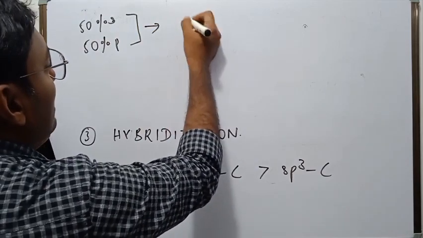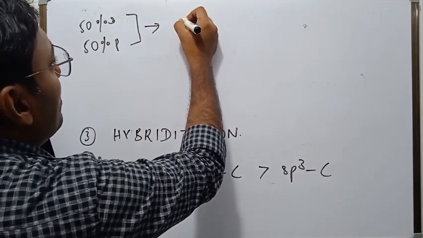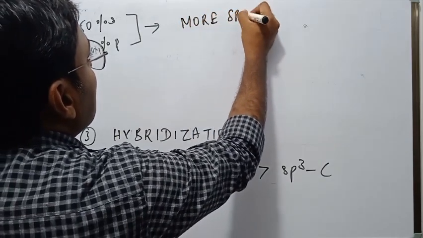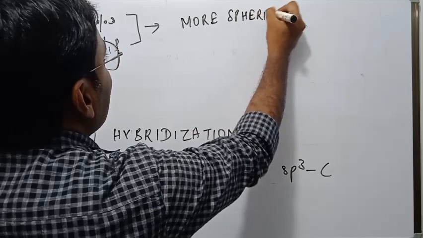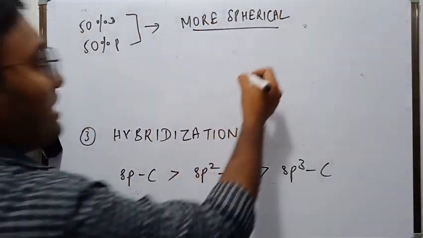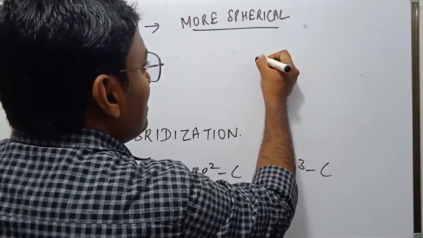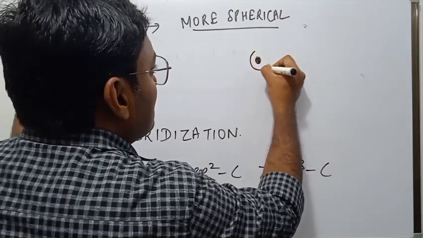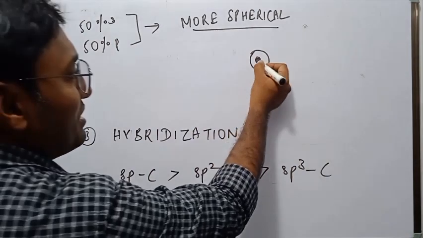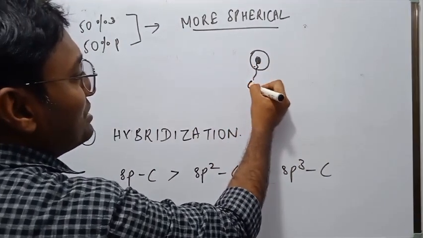The hybrid orbital will be more spherical in shape because it has got 50% s character. More spherical in shape means, what is the meaning of that? That it will be much nearer to the nucleus, the positively charged nucleus.